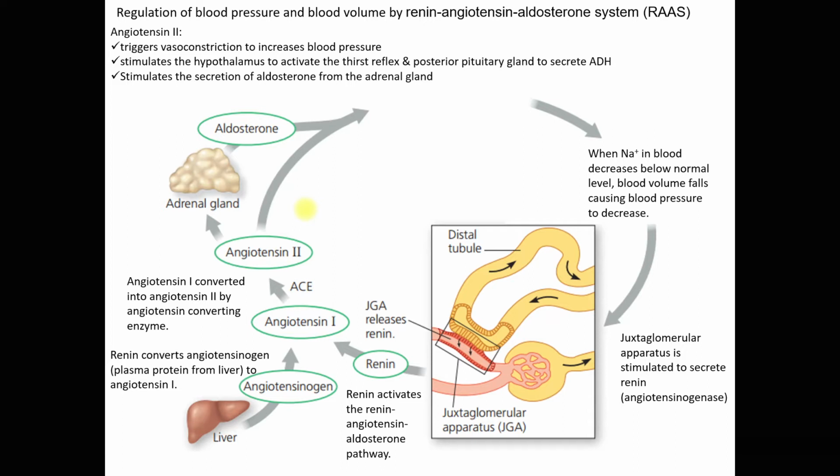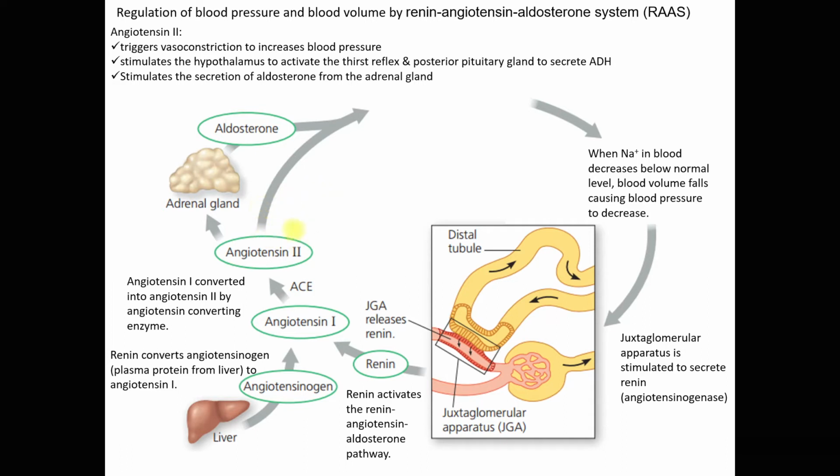Of course, it will increase. So angiotensin 2 triggers vasoconstriction to increase the blood pressure, and then it stimulates the hypothalamus to activate the thirst reflex. So this will cause thirst sensation.